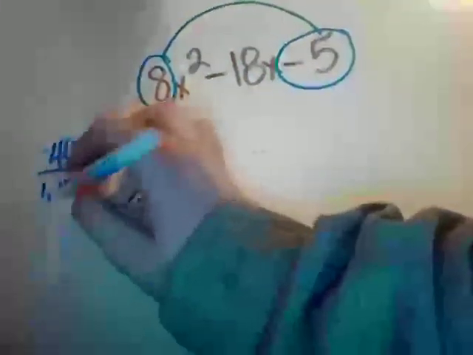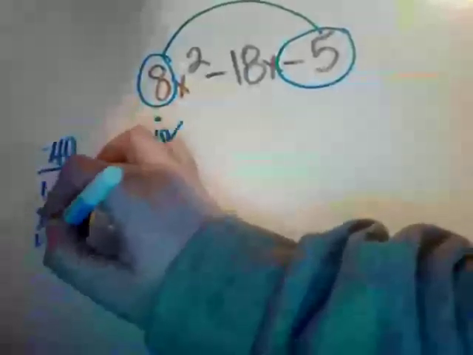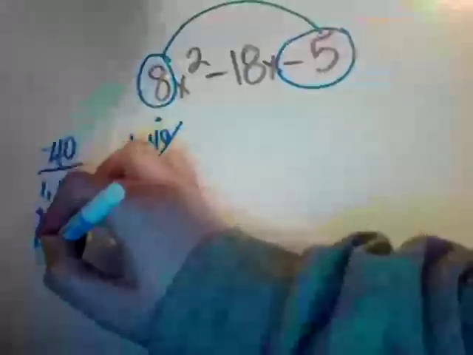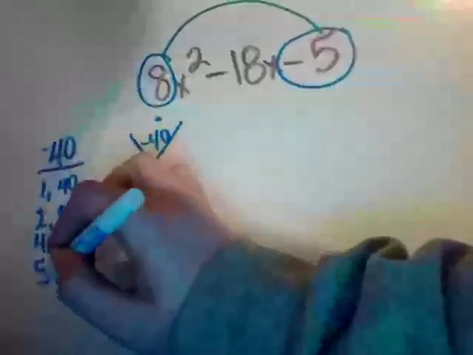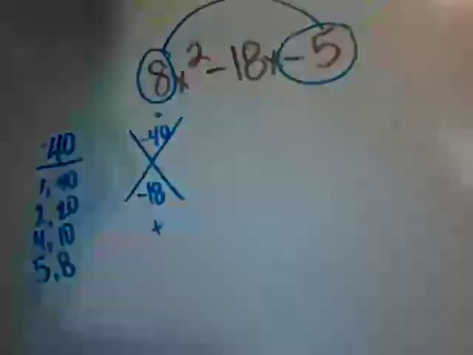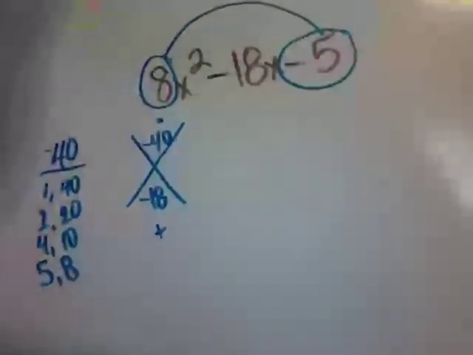One of those numbers would have to be negative, one positive. 2 and 20, 4 and 10, 5 and 8, and we're back at 8. So these are our options. We just know that one number has to be negative and one number has to be positive.